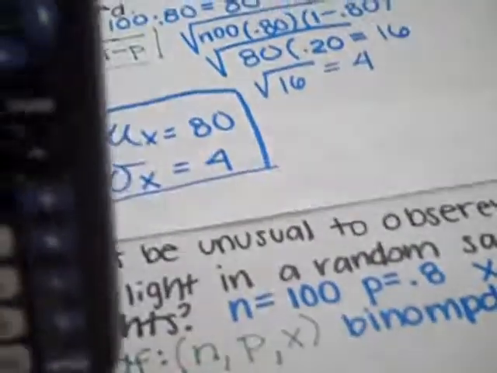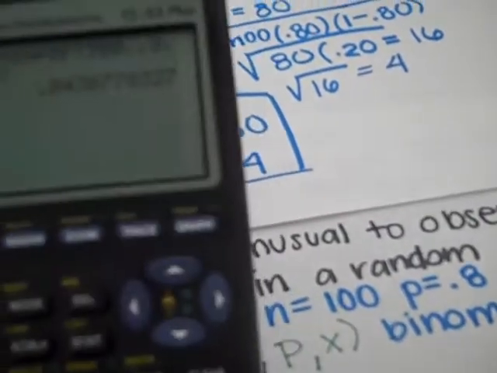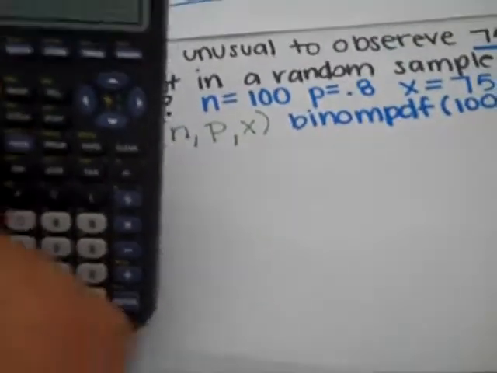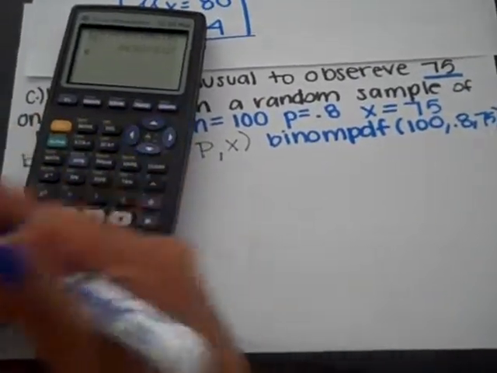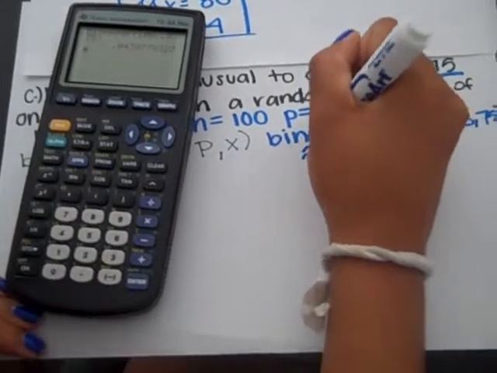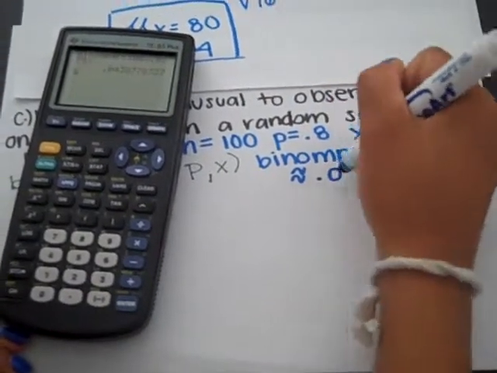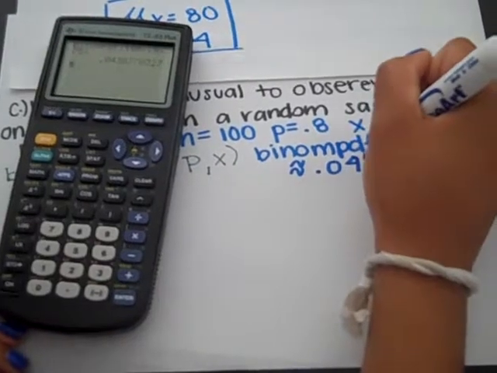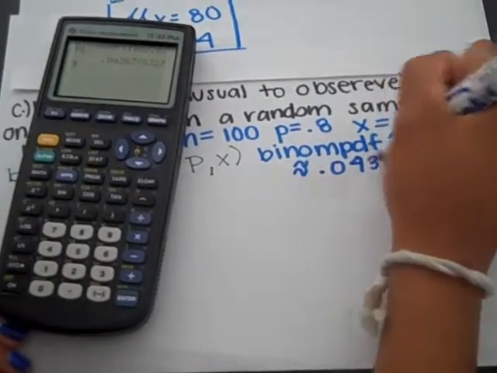Press enter. Enter 100, 0.8, 75. The probability is 0.04387. You want to round to 4 decimal places, so it approximately equals 0.0439.